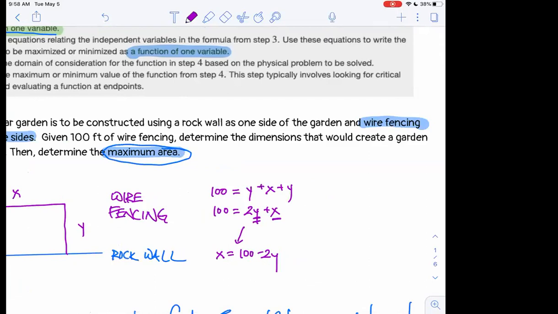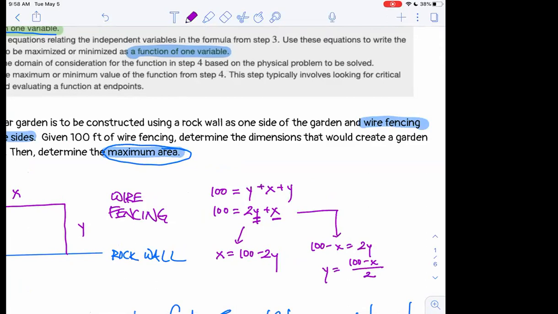I'm just subtracting that 2y. Now let's say I wanted to get y by itself. Well, I'd have to do 100 minus x equals 2y, and then I'd have to divide by 2. So I could do either one.